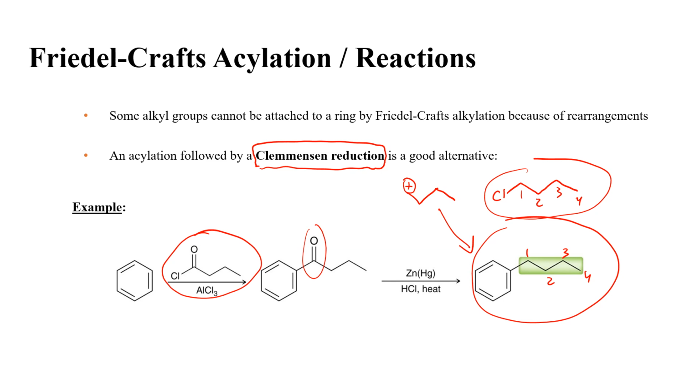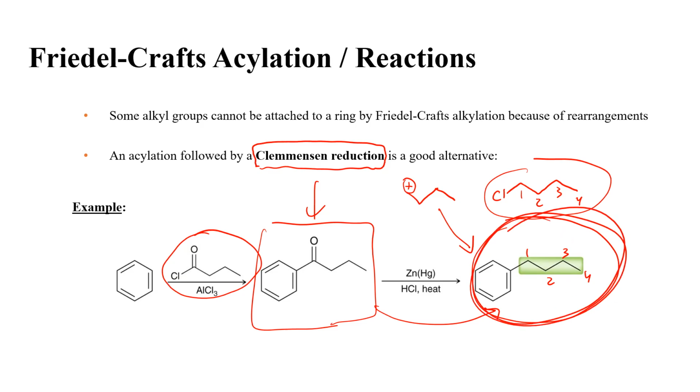But with the acylation, you prevent and avoid the rearrangement from happening in the first place. And if that happens, you generate just this product, right? This product right here, that you can then reduce down to get this, and exclusively this, only this.